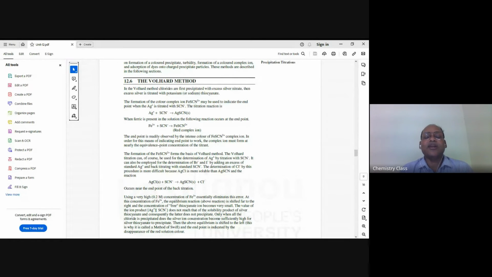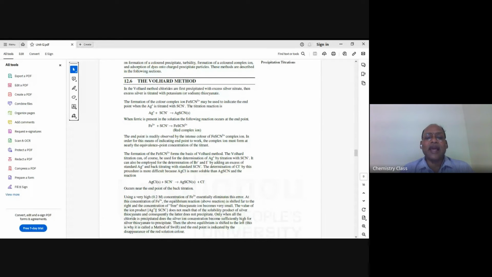For the indicating endpoint to work, the complex ion must form at nearly the equivalence point concentration of the titrant. When the FeSCN2+ ion is formed, the red complex, that means you have reached the endpoint. So this is the Volhard method.